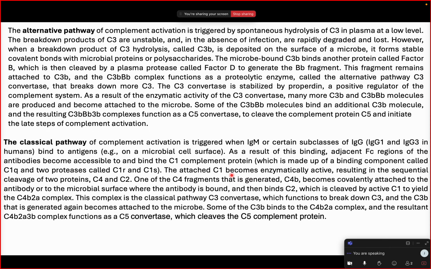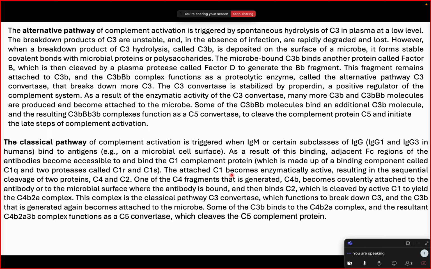The alternative pathway of complement activation is triggered by spontaneous hydrolysis of C3 in plasma at a low level. The breakdown products of C3 are unstable and, in the absence of infection, are rapidly degraded and lost.